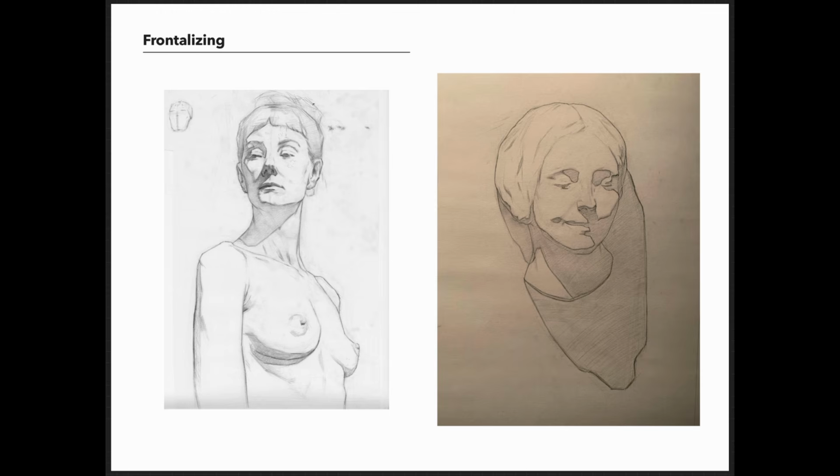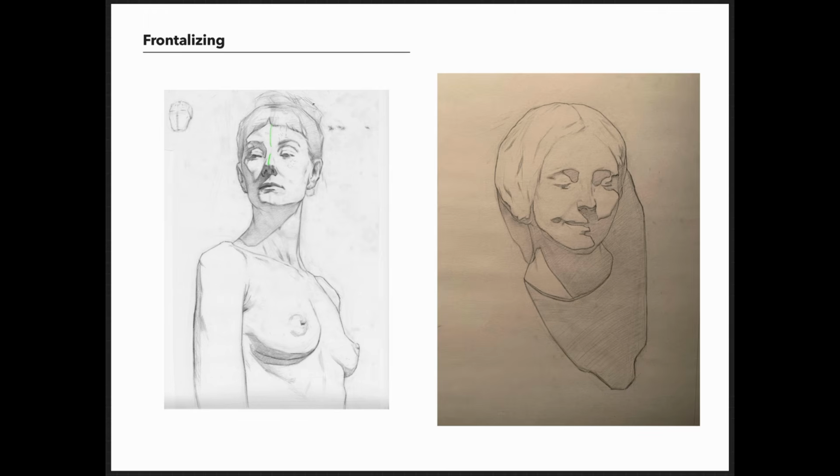And you can see I even attempted to have a center line going down her face to catch this, and I still didn't manage to catch it. I paid attention to where the center of her nose should be, but I didn't orient the sides of her nose, the nostrils, to agree with that orientation. So her nose is frontalized.